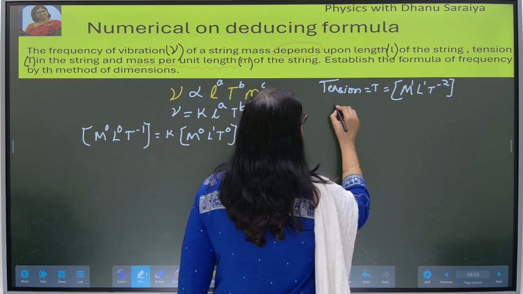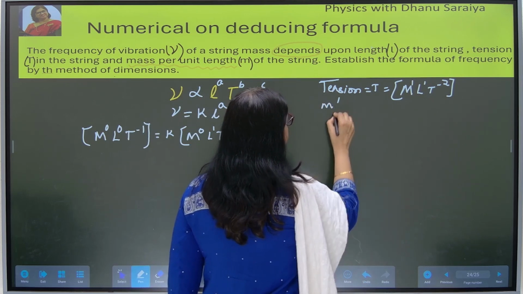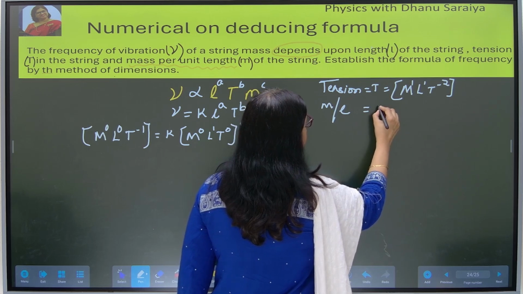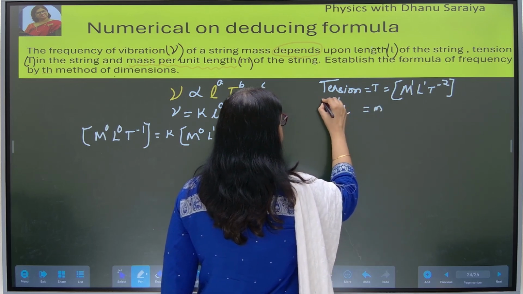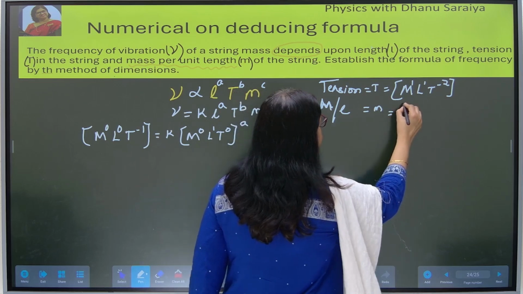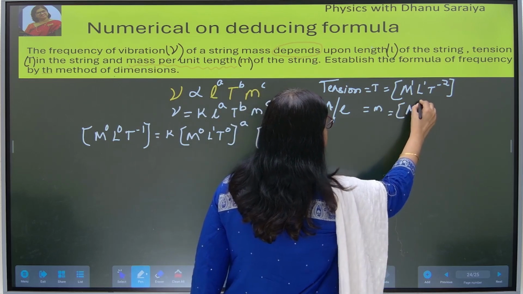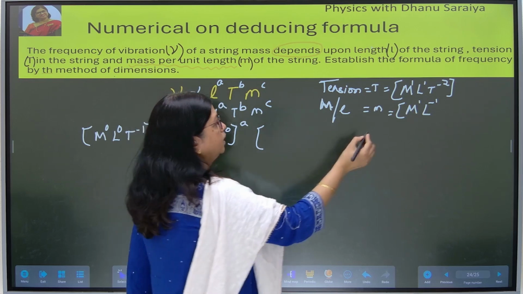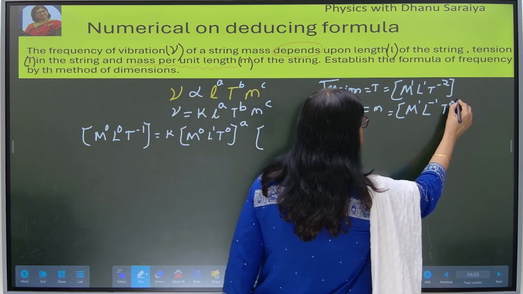And M, mass per length, which is equal to M, which they gave me. Okay, I write it as capital M. So what is this dimension formula? Mass per length: M raised to 1, L raised to minus 1 per length, T raised to 0.